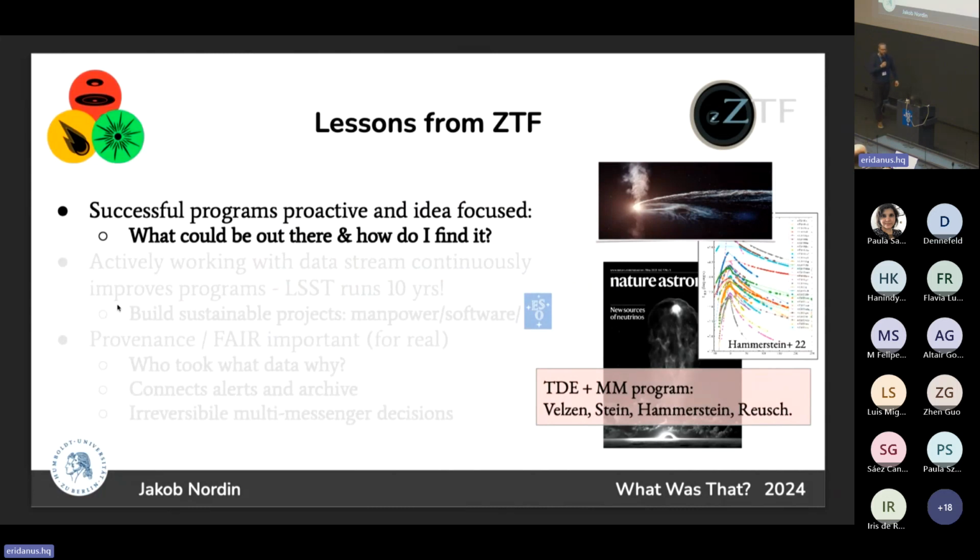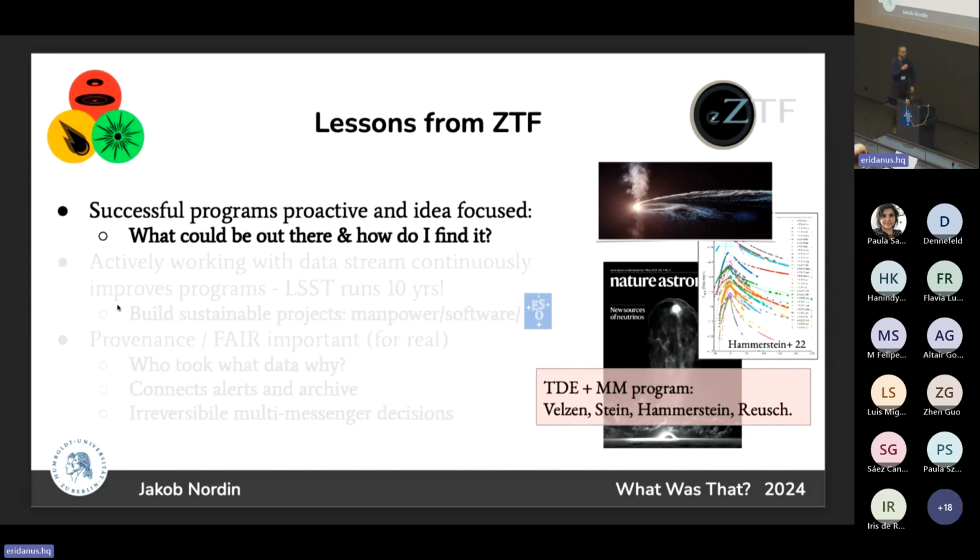On the other hand, the ZTF projects that really worked well, and there have been quite a lot of them, were proactive and idea focused, meaning that they started with some idea of what could be out there in the universe, and then they tried to make some sort of model: how could that look? And then they went out and looked for that very actively in the data. So not waiting for the data to come to them, but really having an idea and then deriving the tools they need to find that in the data.